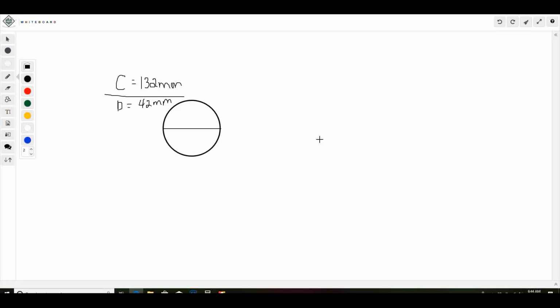So if you just figure the average, the circumference is about 3 times the diameter. Now that is true for every circle ever that has ever existed. The circumference is approximately 3 times the diameter.